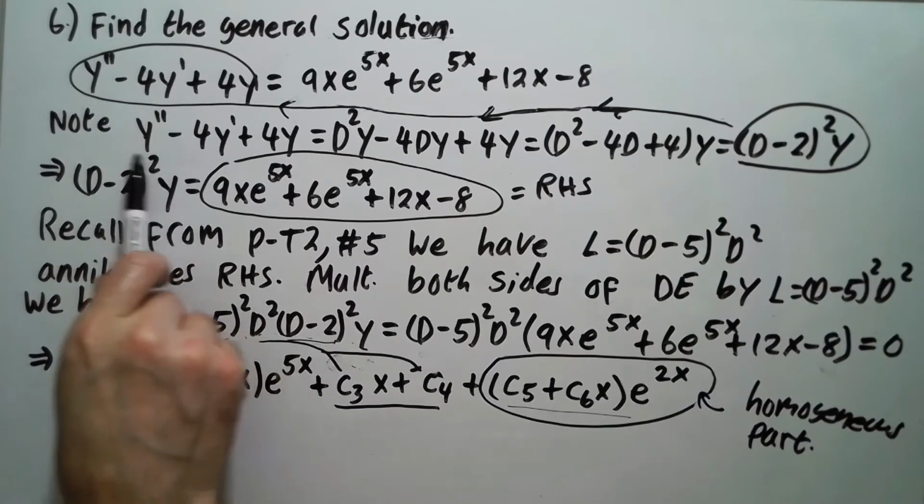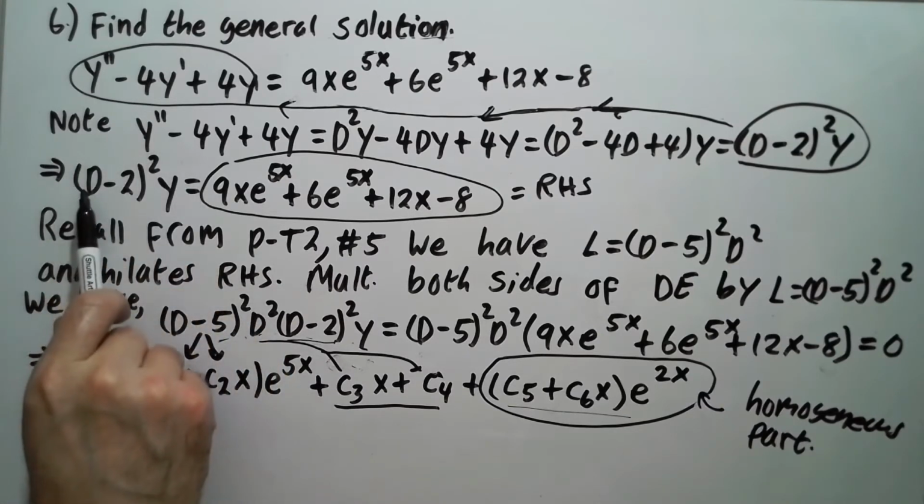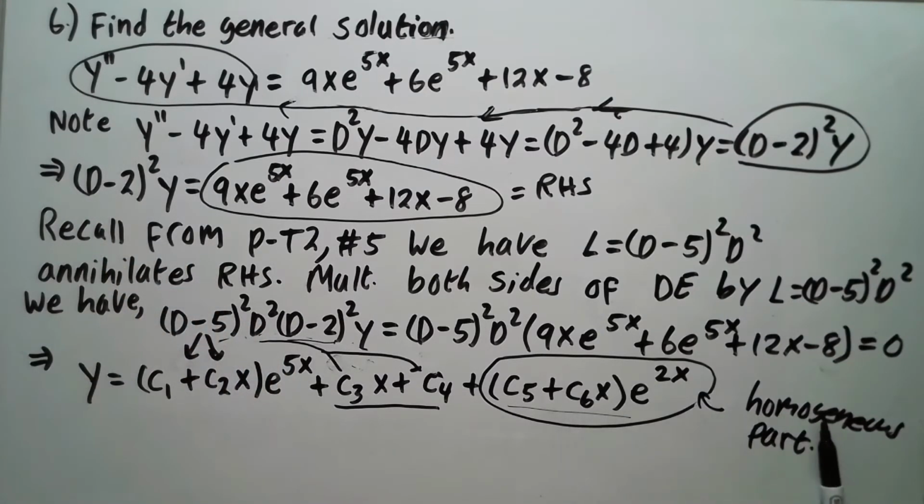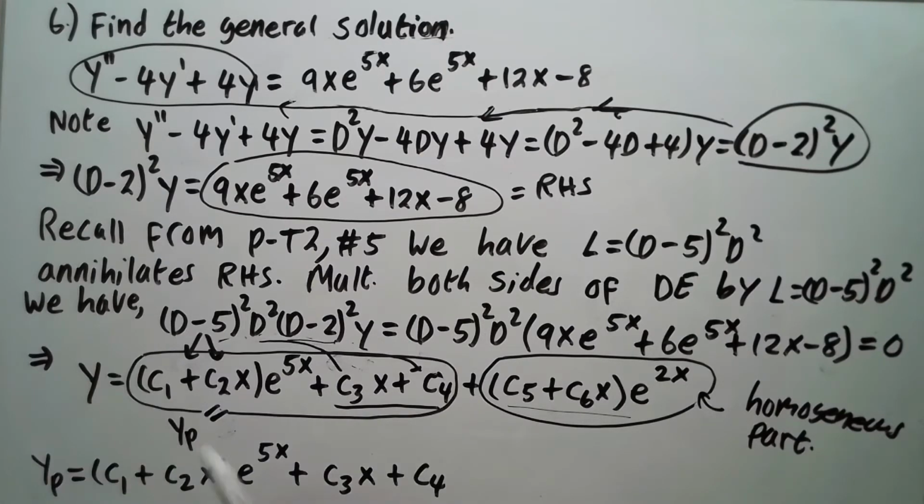That's going to generate our homogeneous solution. So this part here will be the yp part. We'll find conditions on c1, c2, c3, and c4. So yp would be c1 plus c2x times e to the 5x plus c3x plus c4.